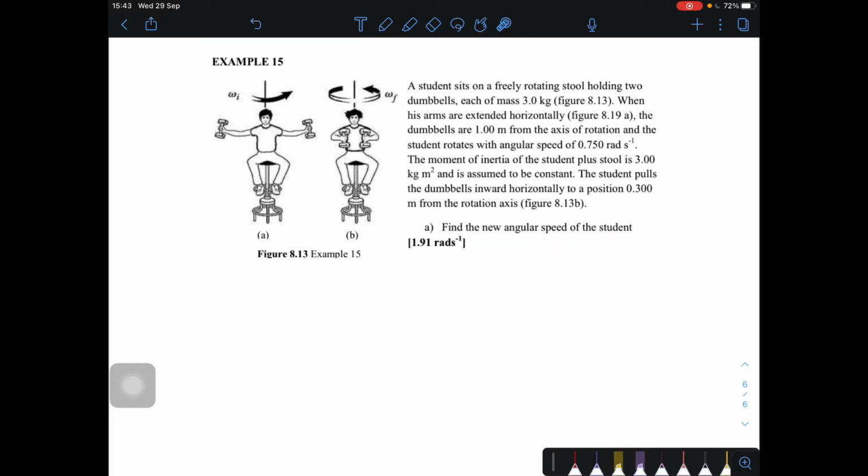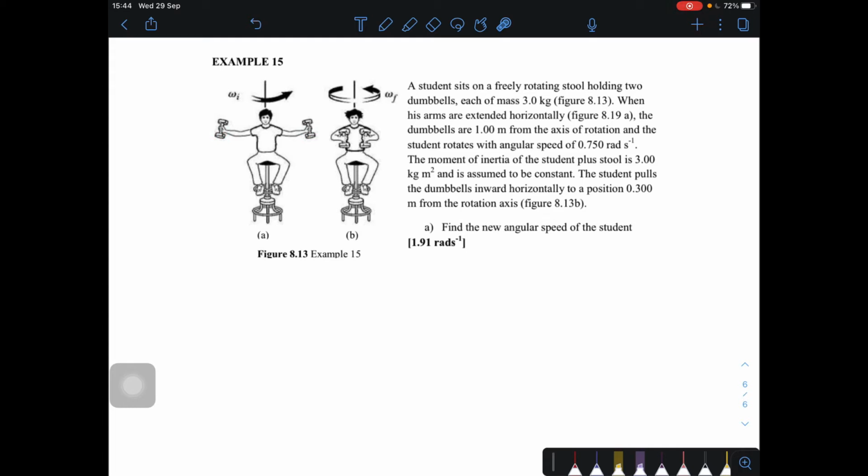Okay, so we have a student here. So he is sitting on a stool. So this stool is rotating like this. And then the student is holding a dumbbell, two dumbbells on each side here. So each of the dumbbell has a mass of 3 kg.